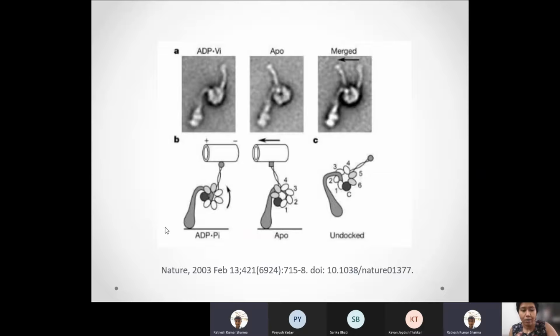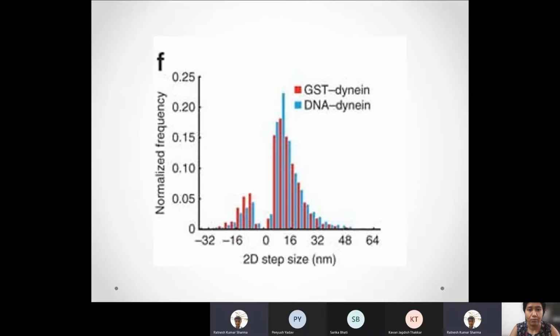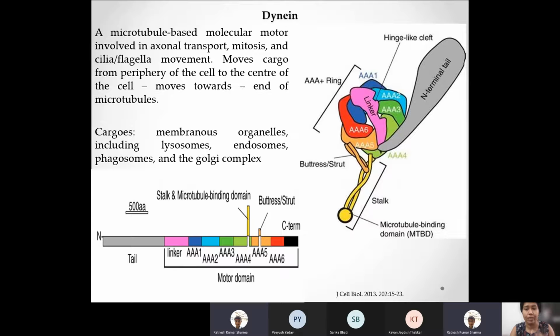So there are some other parts of dyneins that we should also look into. One part is this linker region, which comes right after the N-terminus. The N-terminus is something that's going to help in dimerization, selection of cargo, and in modulating the properties of this dynein molecule.